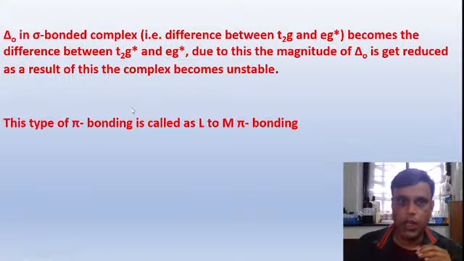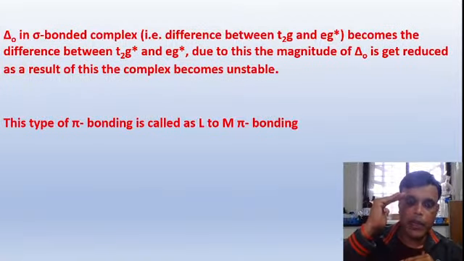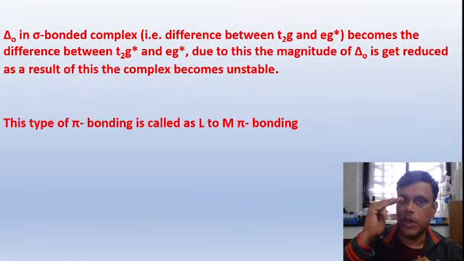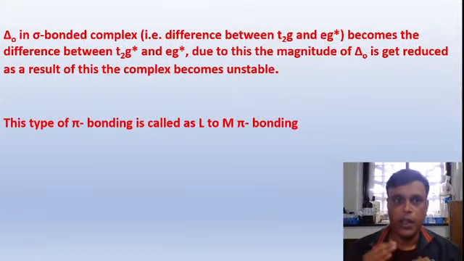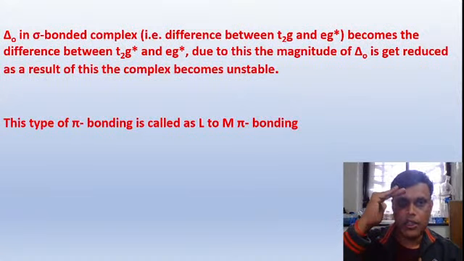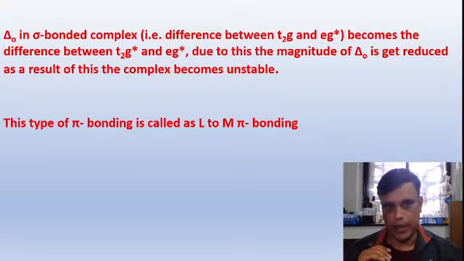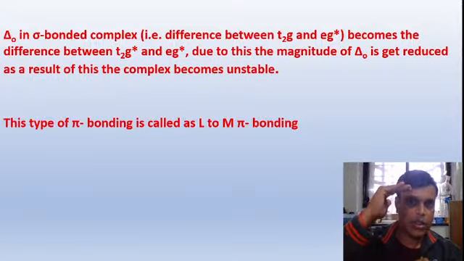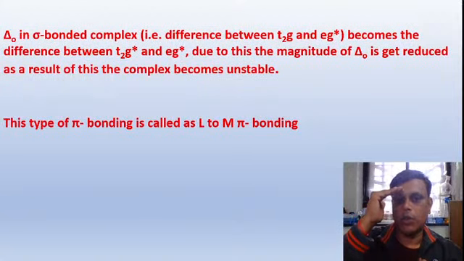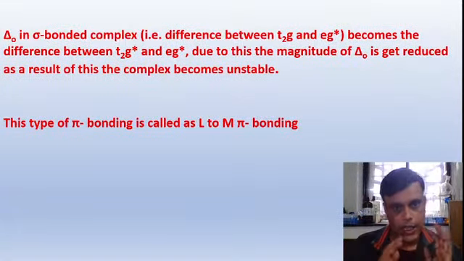Now I have told you, in CFT also, the higher the gap between T2G and EG orbital, the higher the energy difference between T2G and EG, the stronger or more stable the complex will be. The more the gap, the more the magnitude of delta O, the more stable the complex becomes.